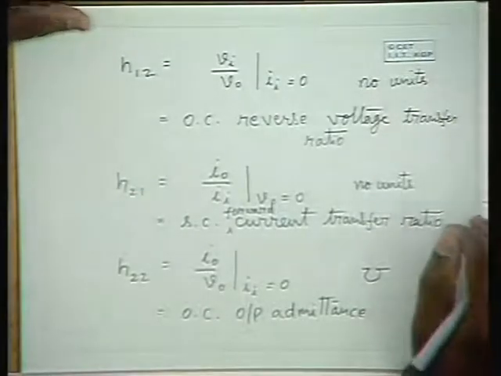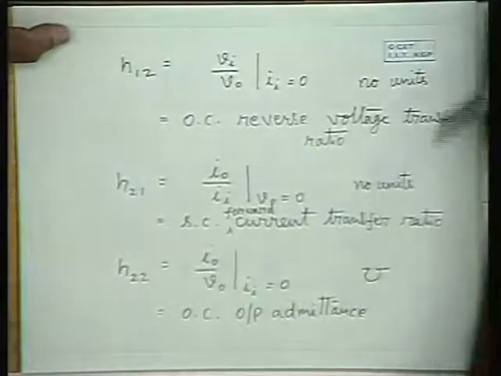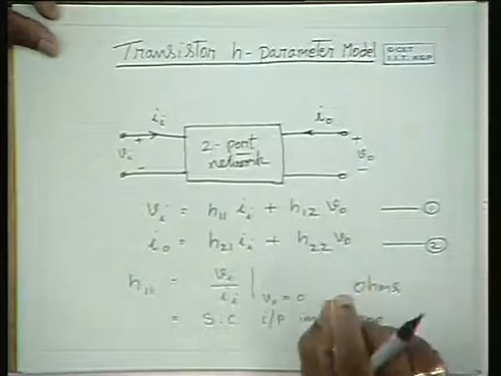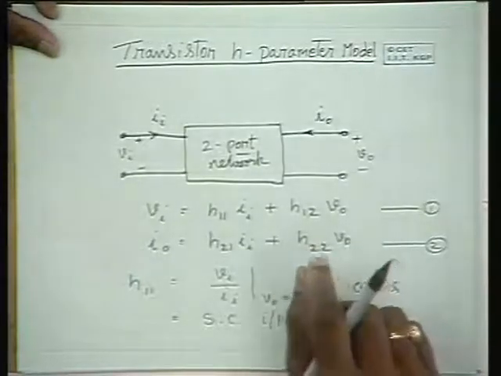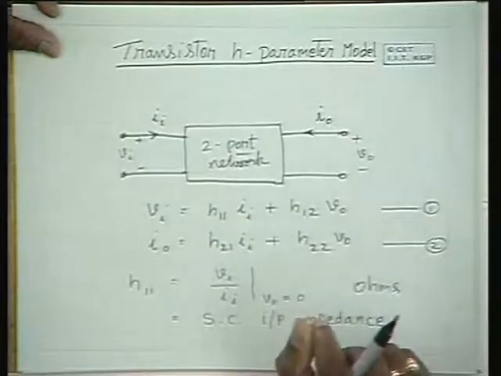So these are the various parameters, what the parameters mean to us, and if you are asked to determine them experimentally, this is the way you can determine these parameters.